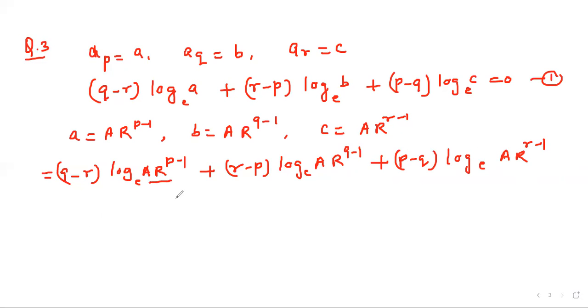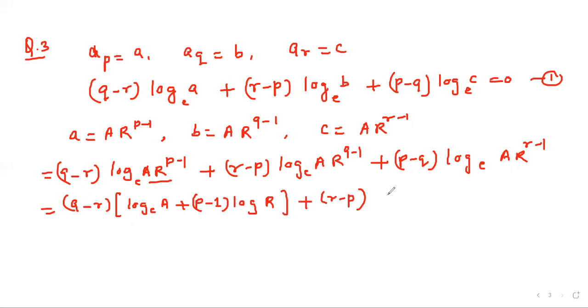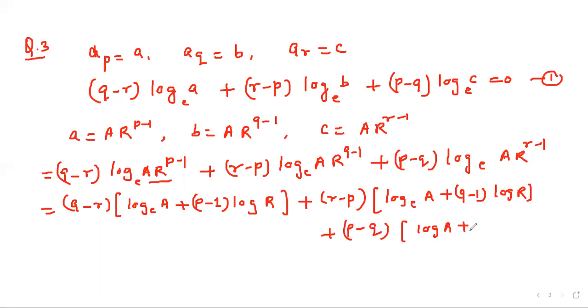So applying the property of log, we get (q-r) multiplied by log a plus (p-1) log r, plus (r-p) times log a plus (q-1) log r, plus (p-q) times log a plus (r-1) times log r.